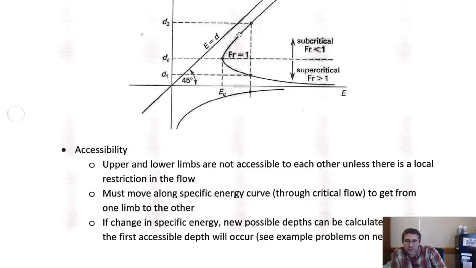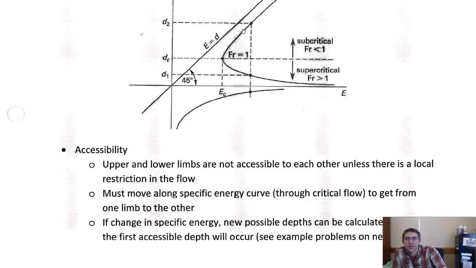I have to go left along the curve. And as soon as I get to one that is at that specific energy, I stop. In other words, if I'm lowering the specific energy from here, the bottom part of this is not accessible to me, because as I start going towards that new point, I'm going to pass through a point that satisfies the specific energy equation.